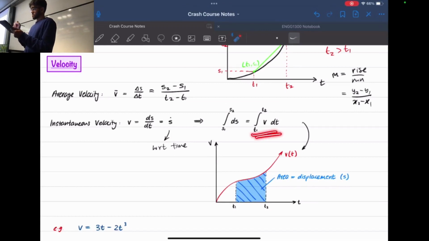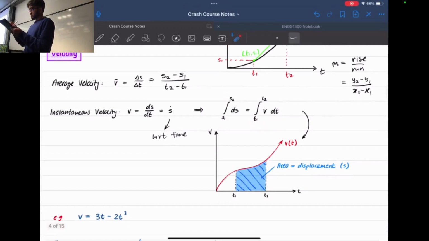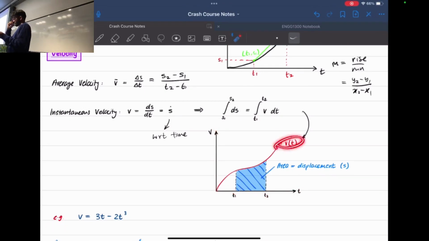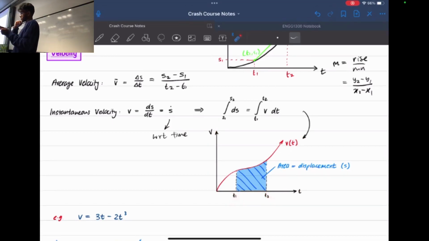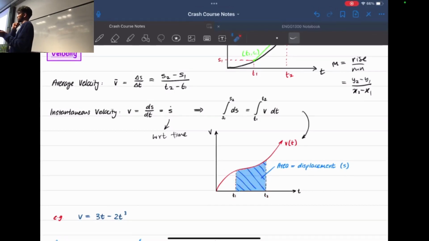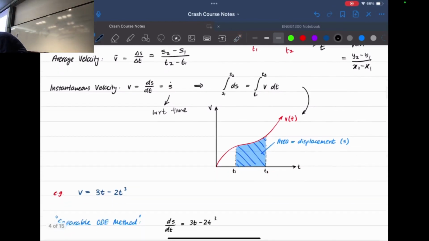So setting up another graph over here, we have a velocity function v of t and two time points, time 1 and time 2. The area under the curve between these 2 points will give us the change in displacement, the integral from s1 to s2 of ds.